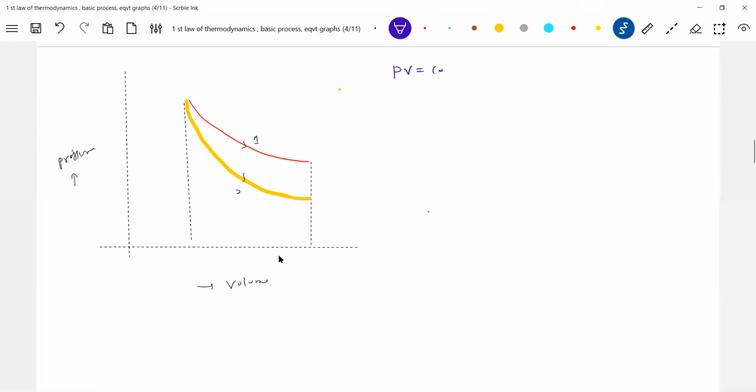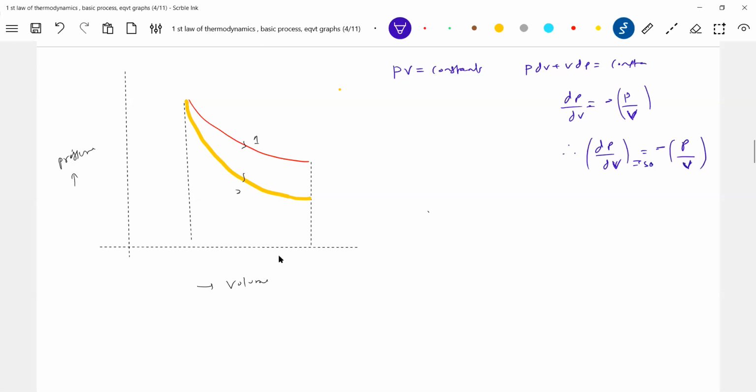For the isothermal process, we write PV equal to constant. Let me differentiate: P dV plus V dP equal to zero. So based on this, dP by dV equal to minus P by V. So this is for the isothermal process, what we are discussing. For the isothermal process, dP by dV, the graph is given by this one.